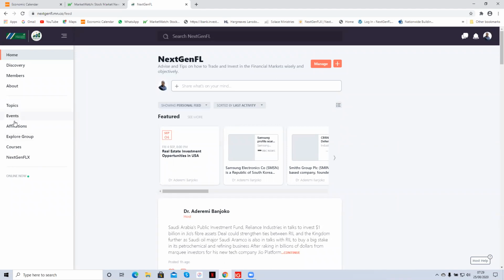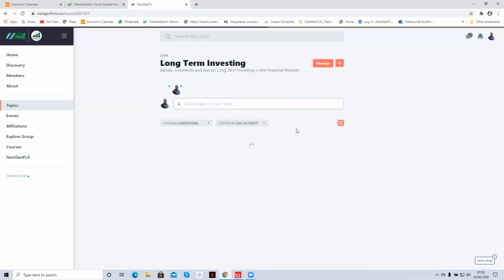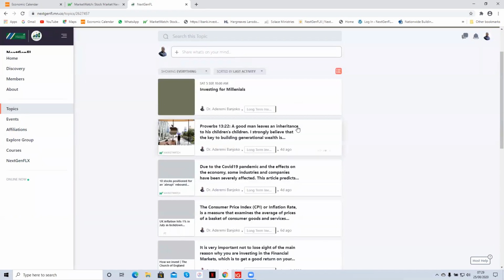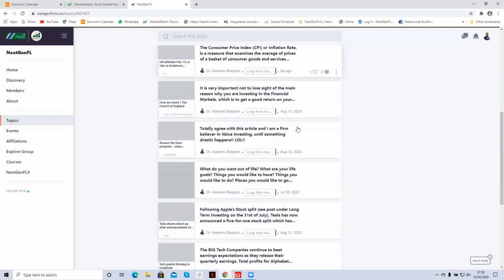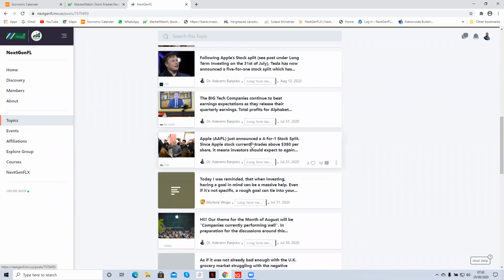Let's go to topics, and let's see, was it on long-term investing? Let's see, long-term investing. I went back, and if you type in the search Apple split, it will come up. There it is. There you go.